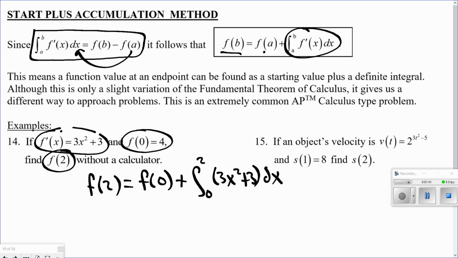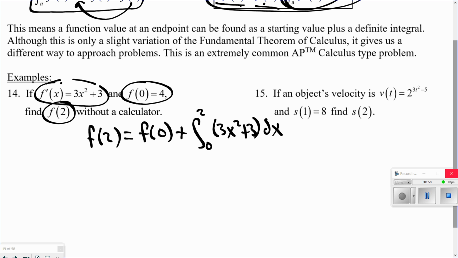I'm just plugging into this formula up here. There's the point I'm trying to find, f of 2. I know f of 0, and I can find this definite integral.